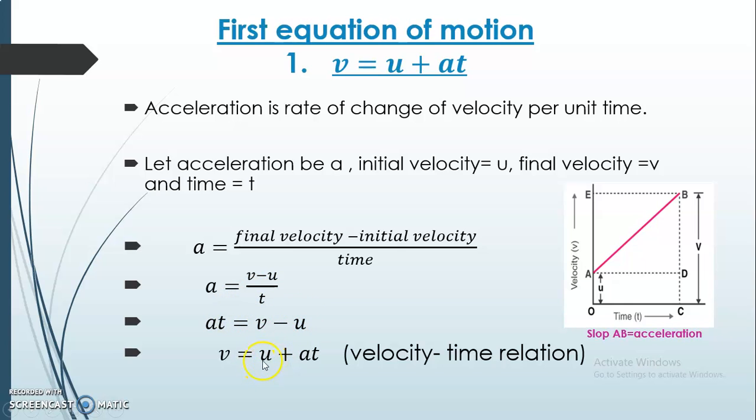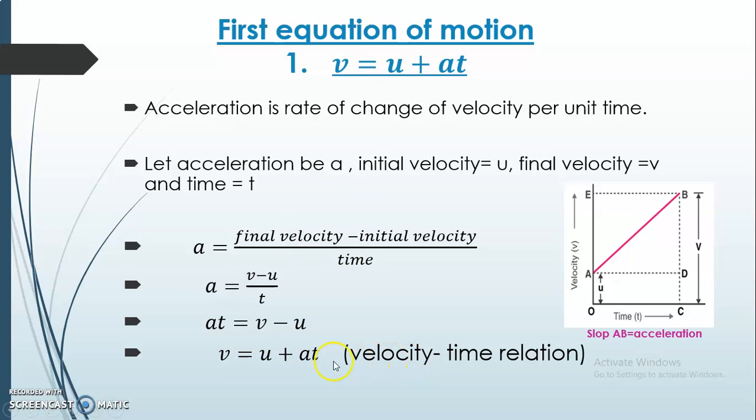So it will become u plus at. So this becomes v is equal to u plus at. Okay, so this is the first equation of motion. So this was the derivation of the first equation.